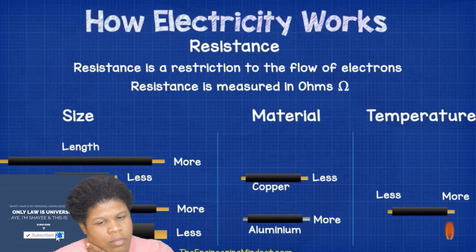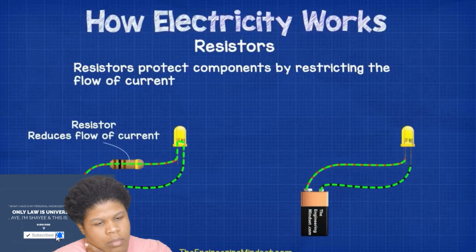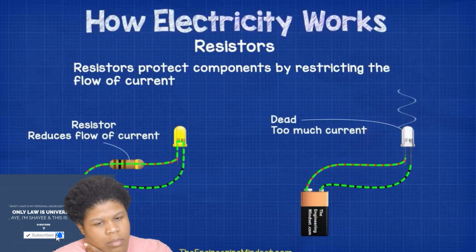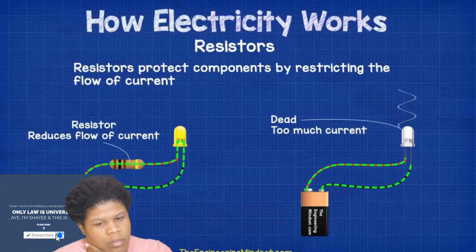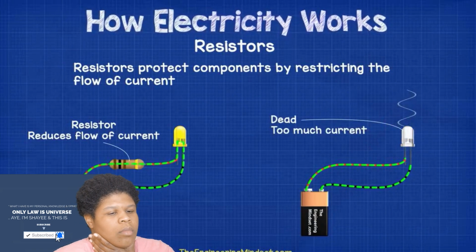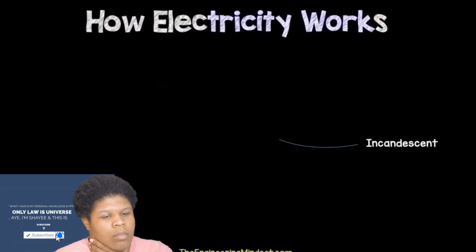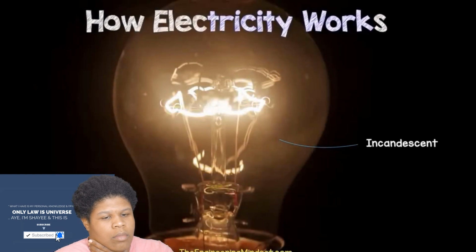The resistance to the flow of electrons is different for each material, and the temperature of the material can also change the resistance to the flow of electrons. Electrical circuits use specially designed components known as resistors to purposely restrict the flow of electrons. This is either to protect other components from too many electrons flowing through it, or it can also be used to create light and heat, such as in an incandescent light bulb.